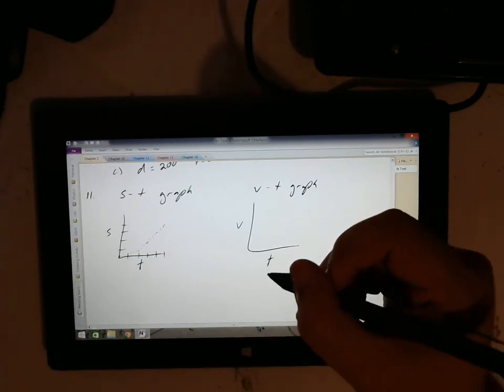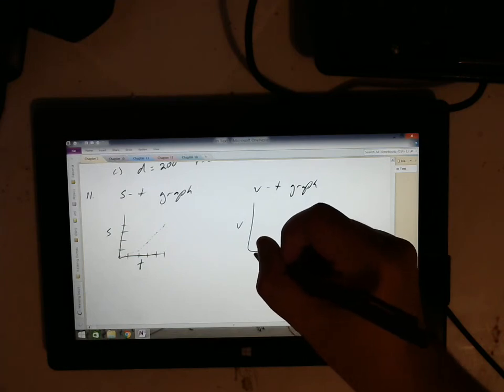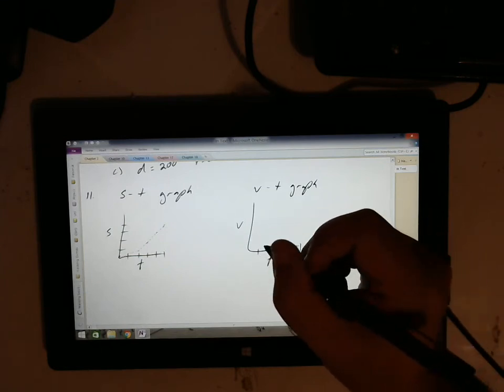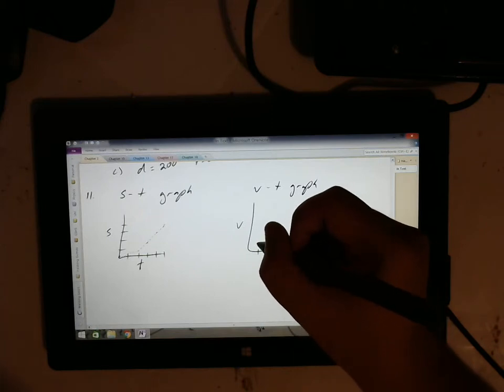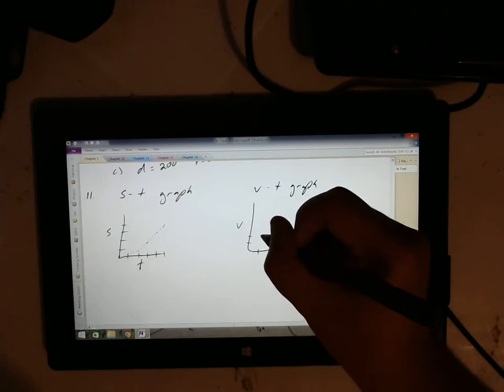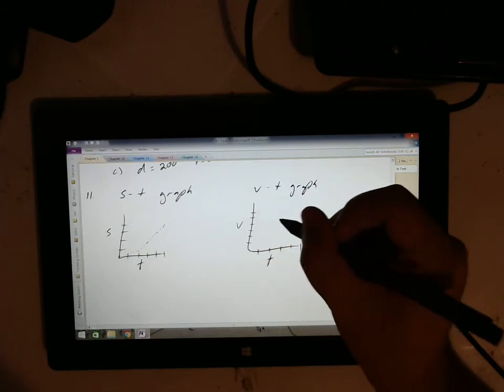Same thing for velocity time. We're going to go up to 5 seconds, 1, 2, 3, 4, 5, and we're going up to 30 in this case, so 5, 10, 15, 20, 25, 30.